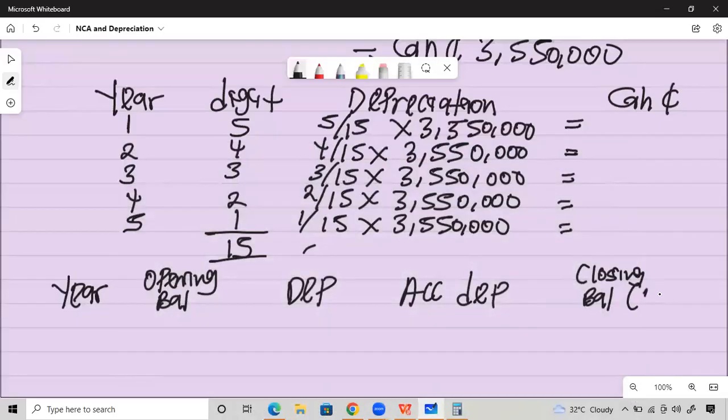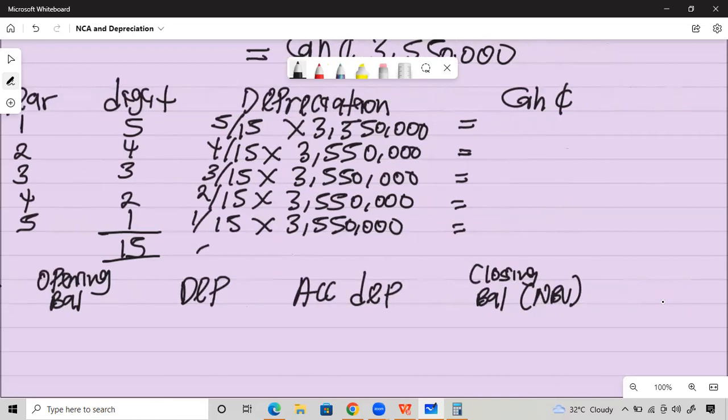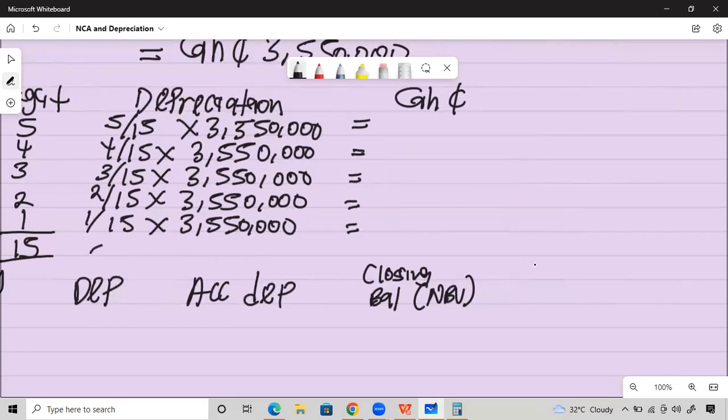Closing balance is the same thing as what they refer to here as net book value, NBV. We don't normally call it NBV again, sir. We call it carrying amount. So what is carrying amount? When you say CA, this is cost less accumulated depreciation.